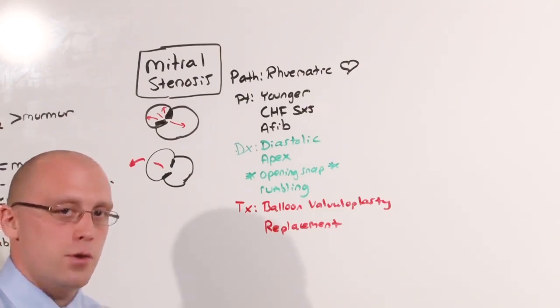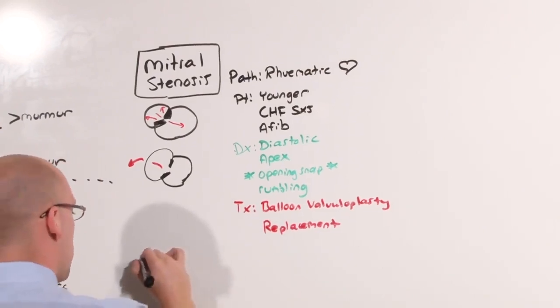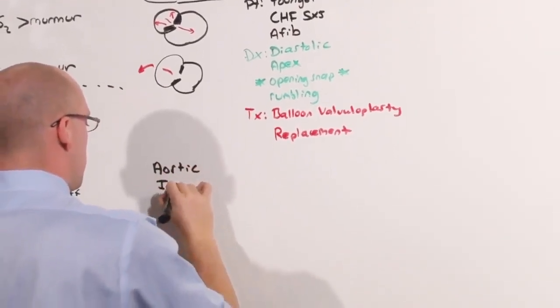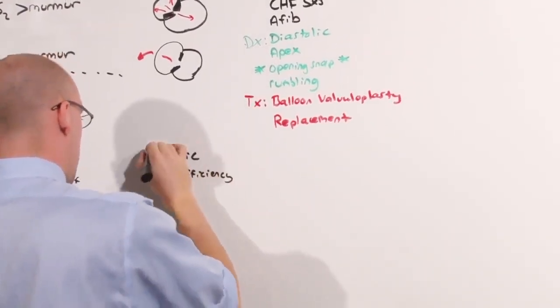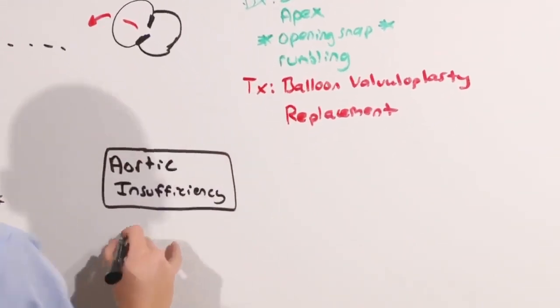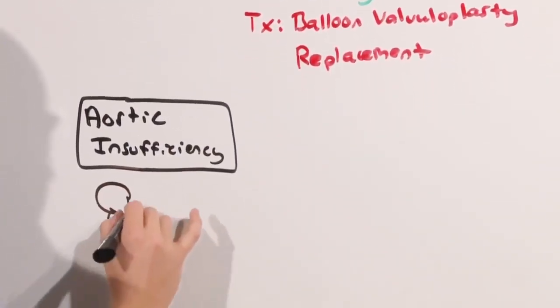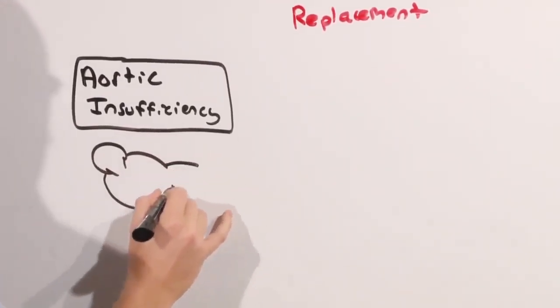Let's talk about the other diastolic murmur, and that is aortic insufficiency. In aortic insufficiency, the mitral valve is working fine. The left ventricle has a valve that leads to the aorta.